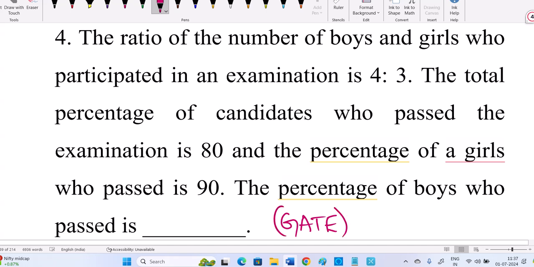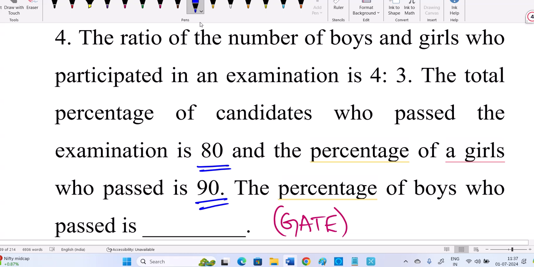The ratio of the number of boys and girls who participated in the exam is 4:3. The total percentage of candidates passed is 80. Girls passed is 90. The boys pass percentage is the question.